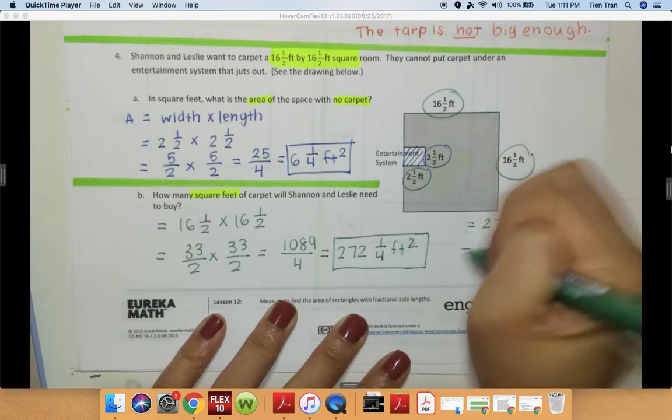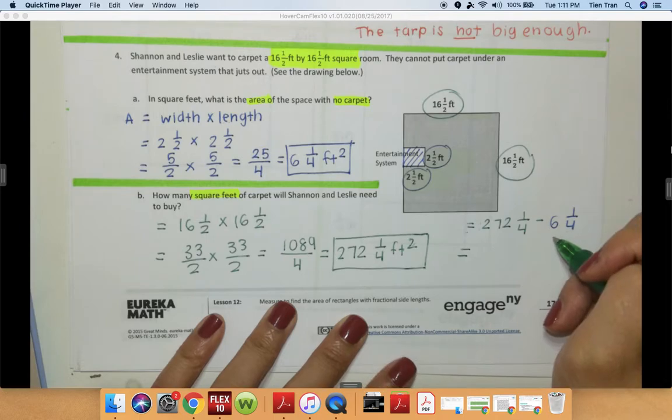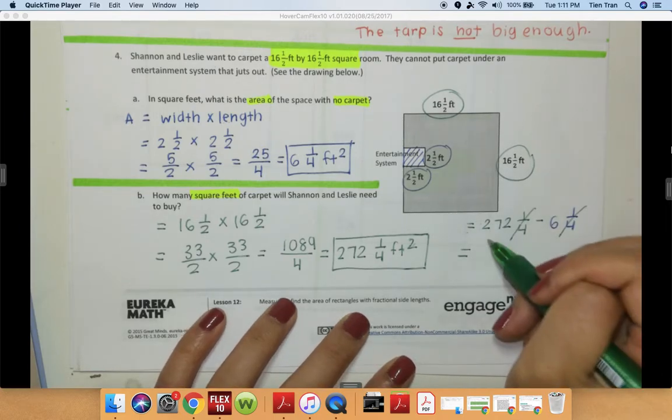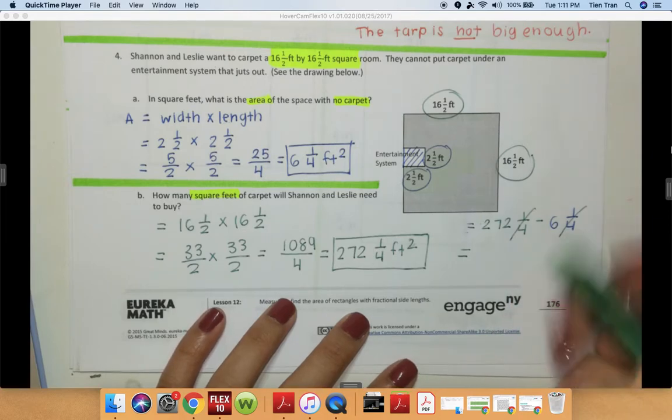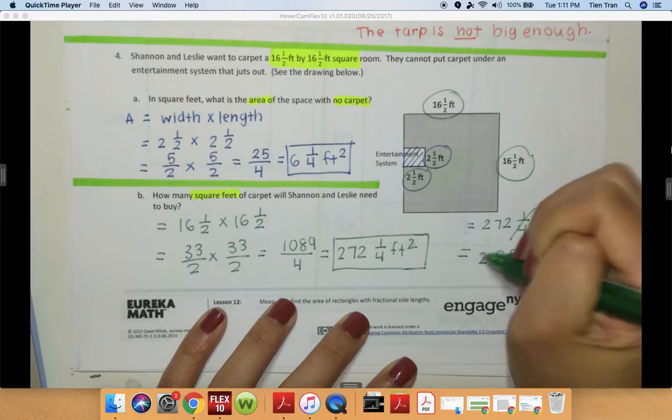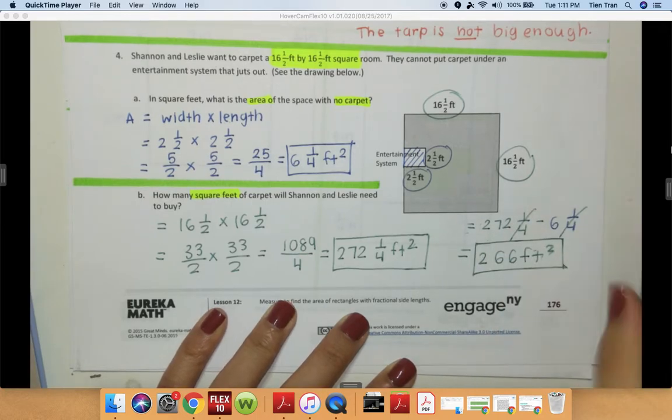When I subtract 1/4 and 1/4, I'm going to get 0. So I can cross that off. So 272 minus 6 is going to give me 266 feet square of carpet. And that is my final answer.